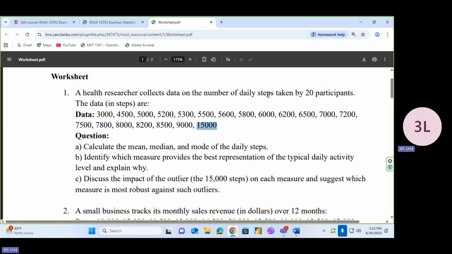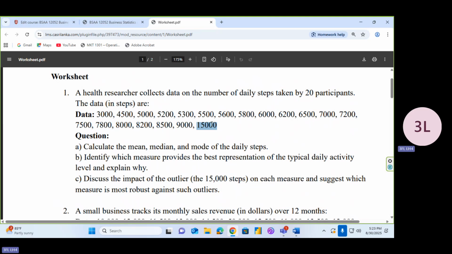But for the mean value, there is an impact from the 15,000. It's clear. Based on that, what is most robust against such outliers? Median, not the mean value. In this kind of scenario we can use the median to represent the central point in the data set.